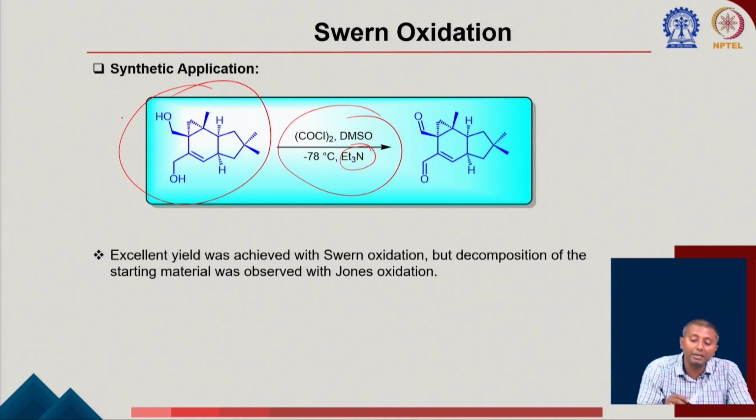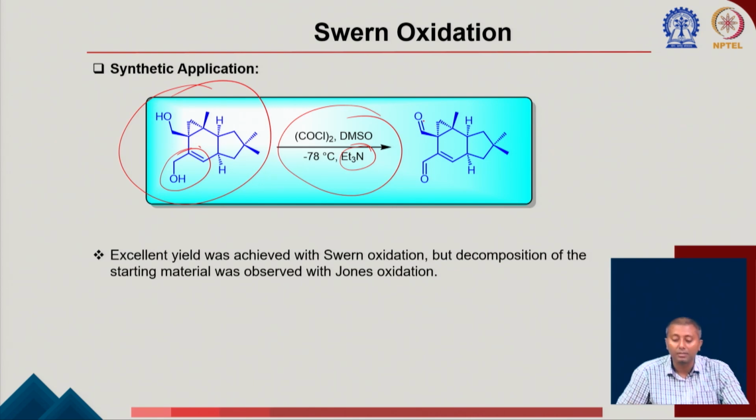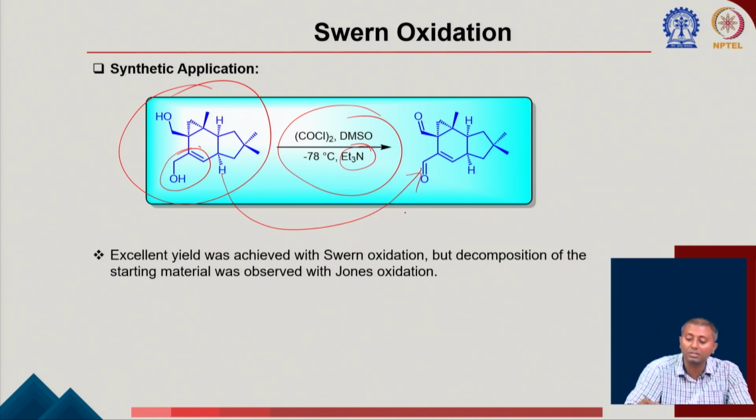What we are seeing here is that you have an allylic alcohol on one side and a primary alcohol, both of them getting oxidized. But if you do this reaction using Jones oxidation or PCC oxidation, in the case of Jones oxidation there will be over-oxidation happening, and in the case of PCC oxidation the yield was poor.